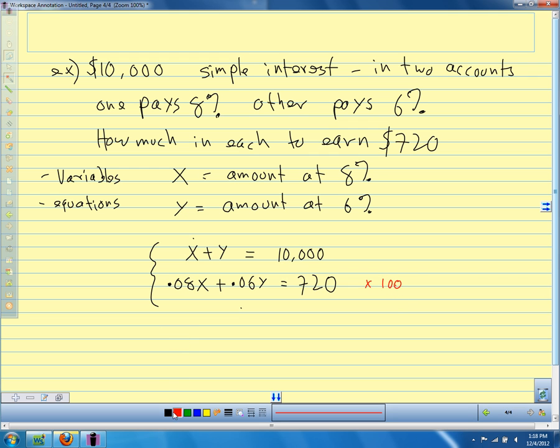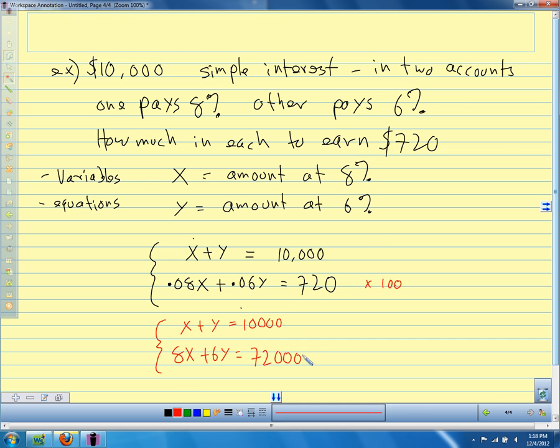So my system then turns into x plus y equals 10,000 and 8x plus 6y equals, and we multiply 720 by 100, and I get 7,200. Not 7,200, 72,000. So that becomes our new system.